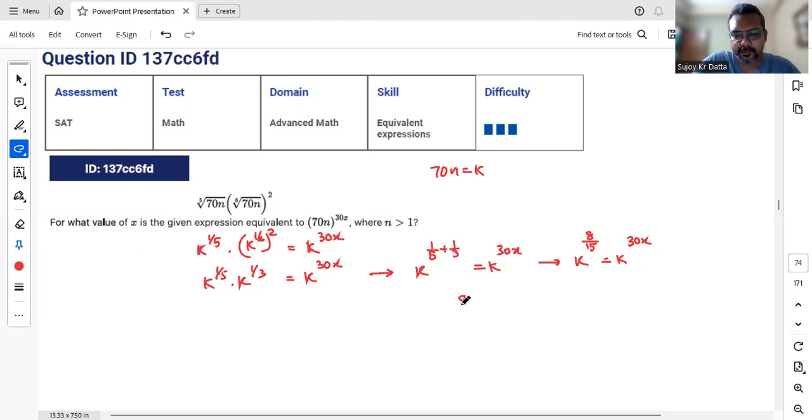Now comparing the exponents, that gives us x to be 8 over 15 times 30. So we'll cancel the 2. So we have 4 over 225. All right, let's go to the next question.